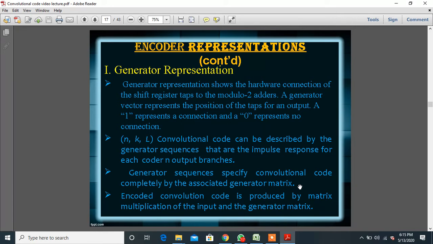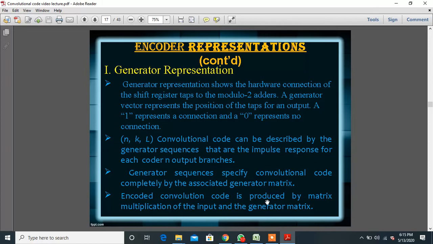In previous forward error correction codes, we have seen generator matrix and generator polynomial. We can relate both things. Here it is known as a generator sequence, which specifies the convolution code completely by the associated generator matrix.